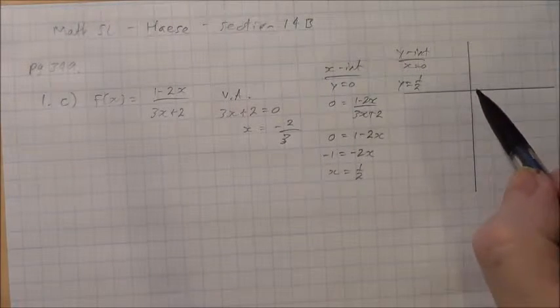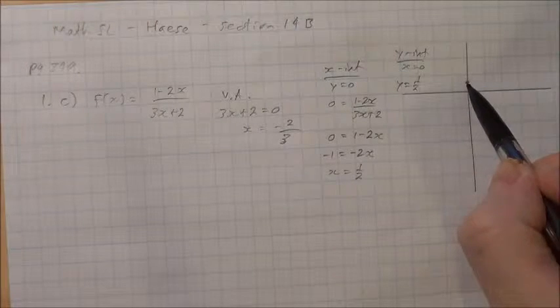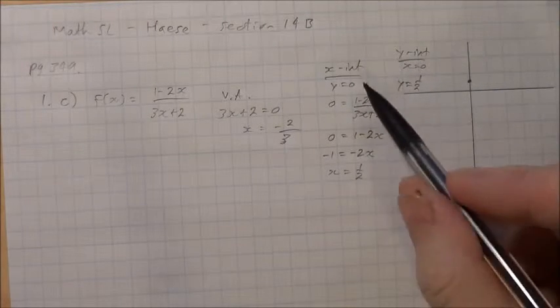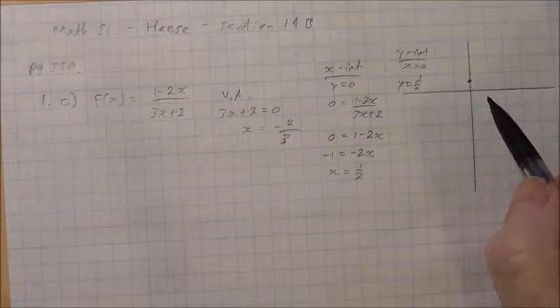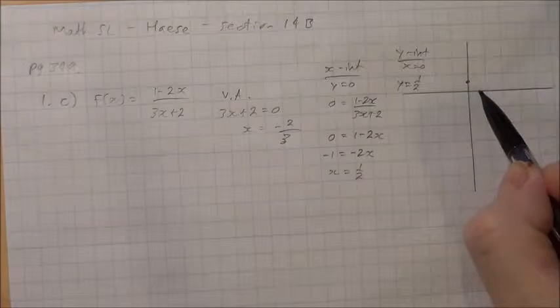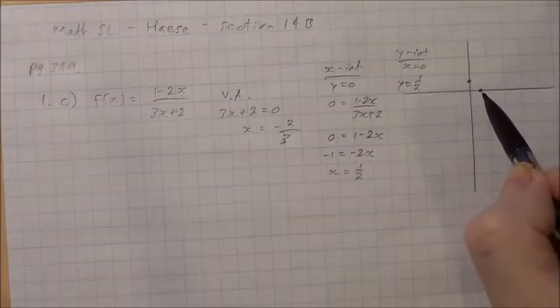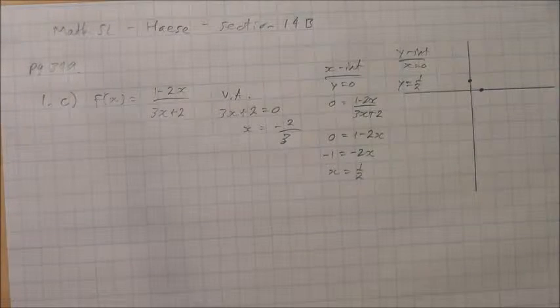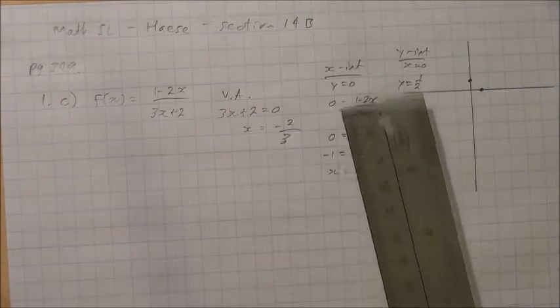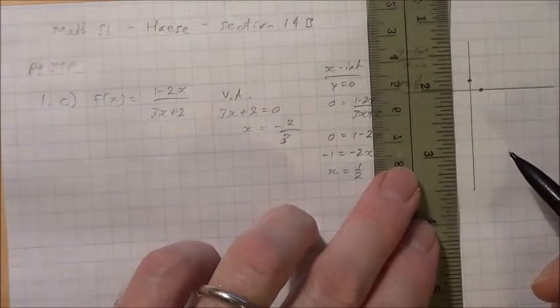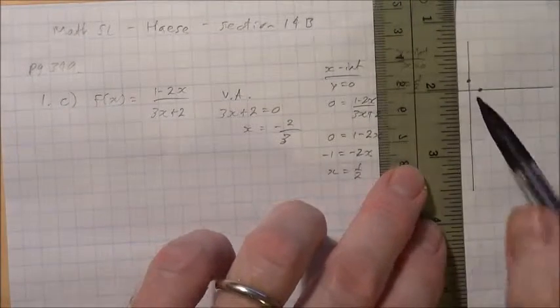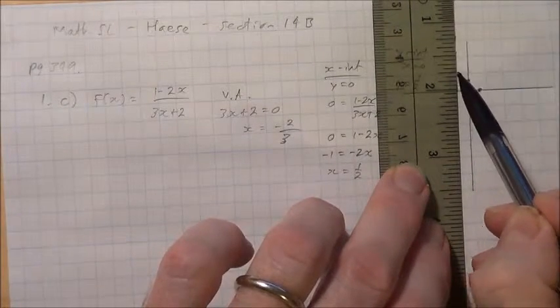So the y-intercept is 1/2, which I'll put here. The x-intercept is 1/2, which I will place right here. And the vertical asymptote is negative 2/3, which I will slide in right around here.